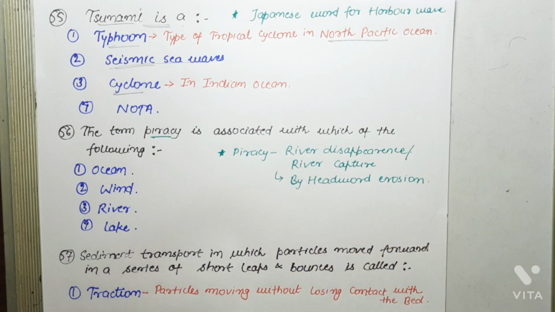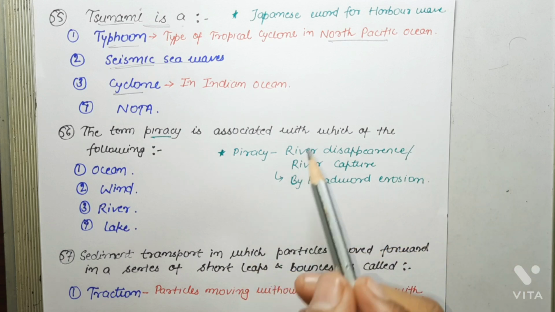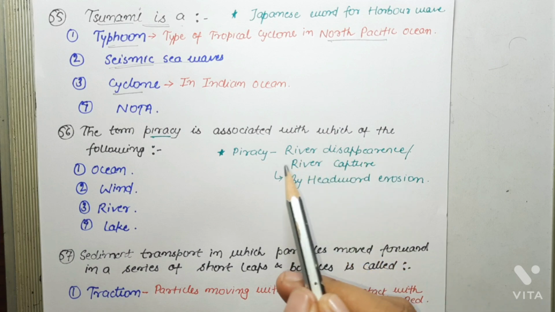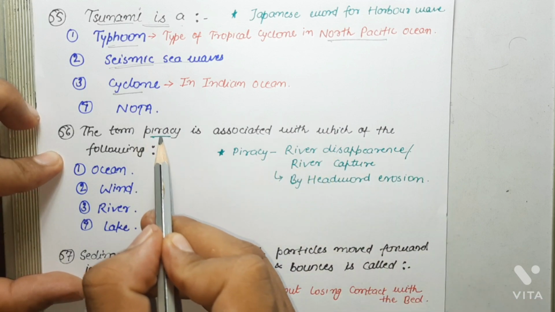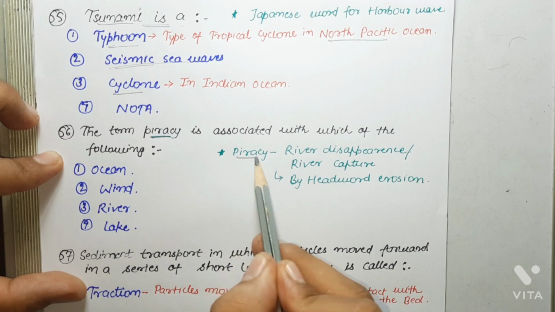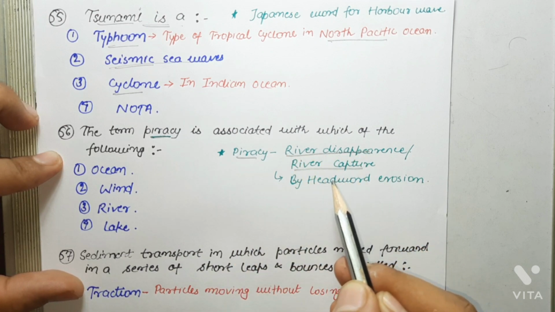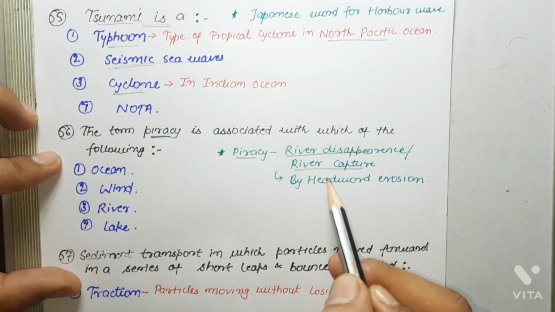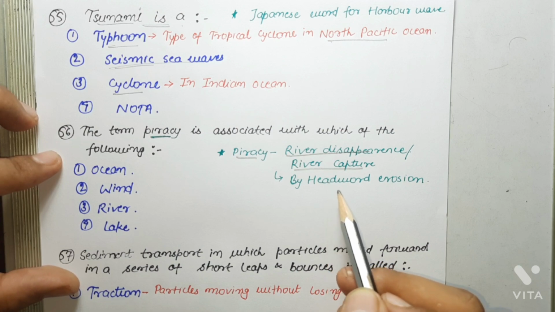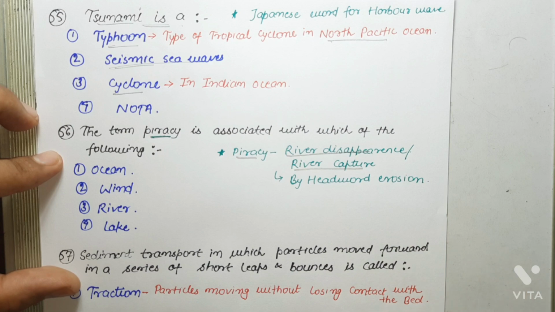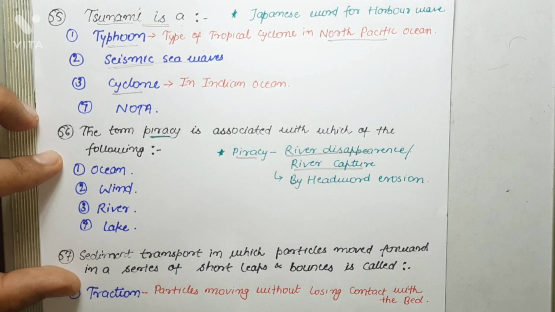Now next question is, the term piracy is associated with which of the following? So first you should know what is the term piracy. Term piracy is river disappearance or river capture. One river is captured by another stream by headward erosion. For example, Saraswati river is captured by Yamuna river, and this is because of the upliftment of Aravalli ranges.